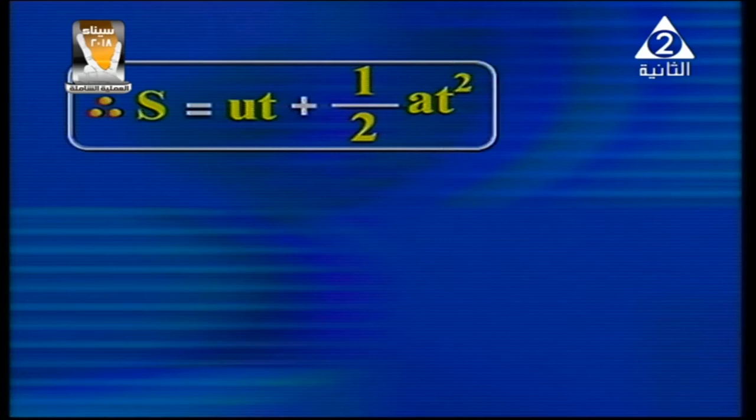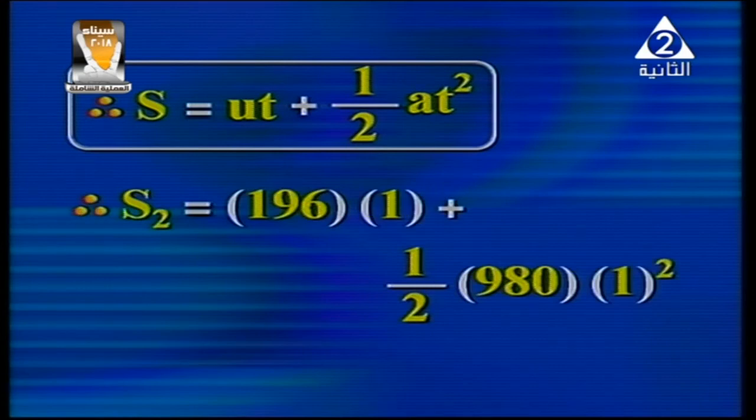After we substitute in the second Newton law, s equals ut plus half at squared, we find the second distance: 196 times 1 plus half times 980 times 1 squared.